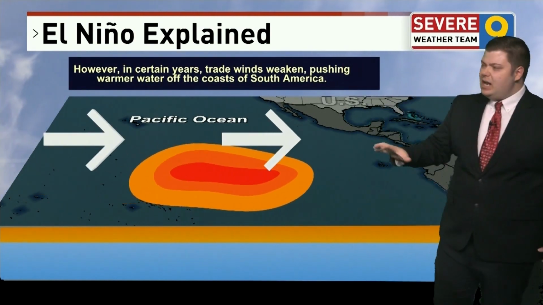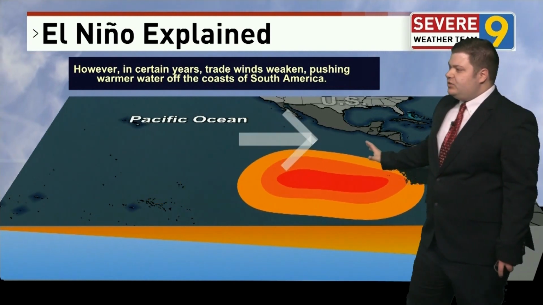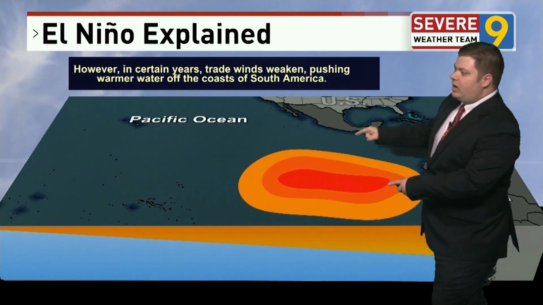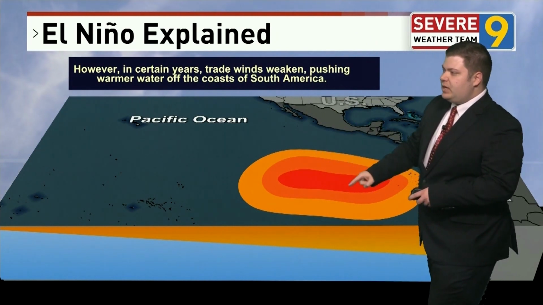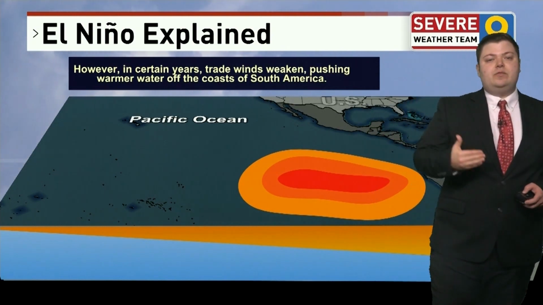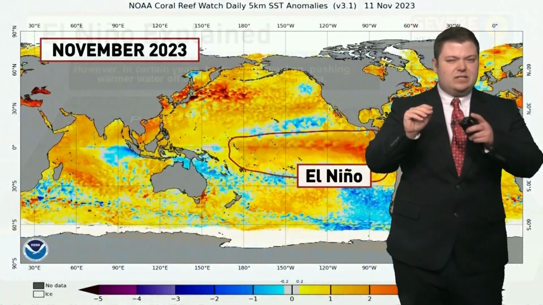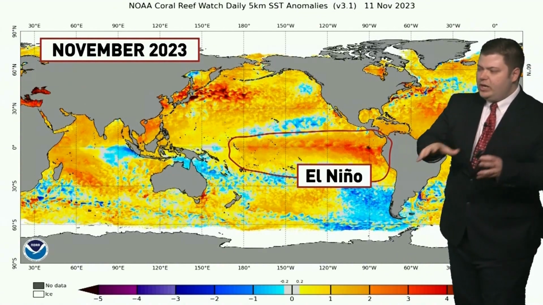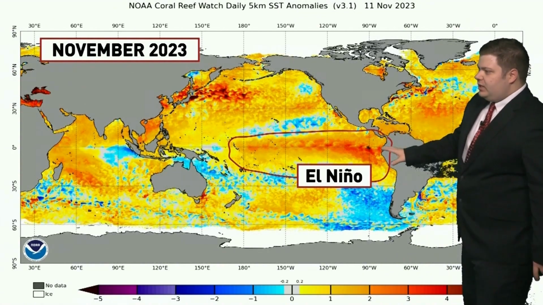So not as much of that warm water is getting pushed further and further to the west, which allows for some above normal sea surface temperatures to develop into the eastern part of the Pacific near the equator. And you can spot this very easily if we were to look at sea surface temperature anomalies, same region, right in the Pacific, looking near the equator.